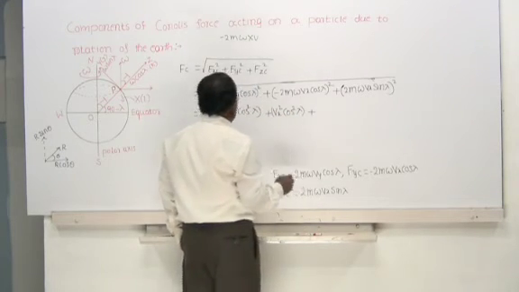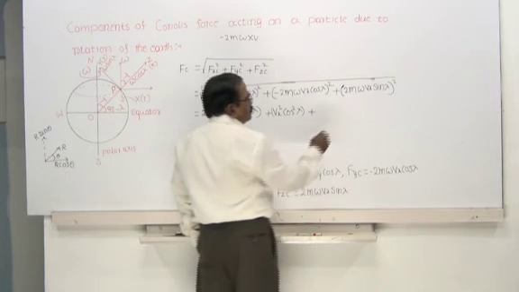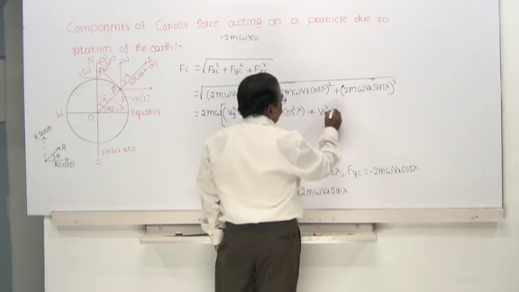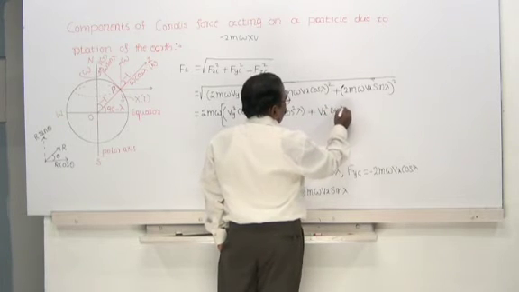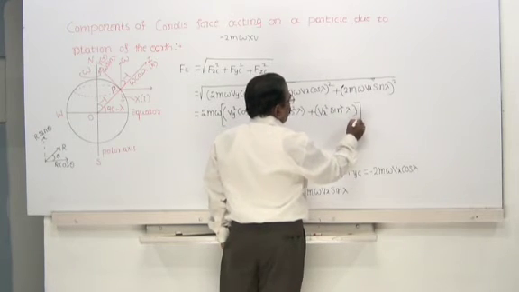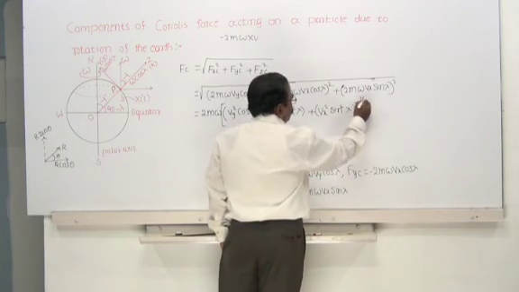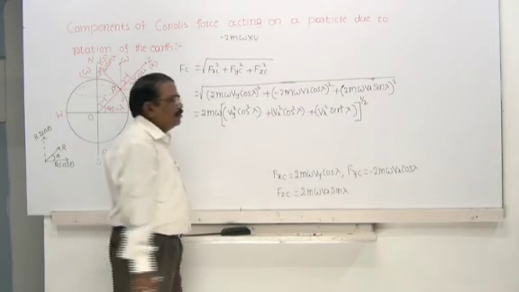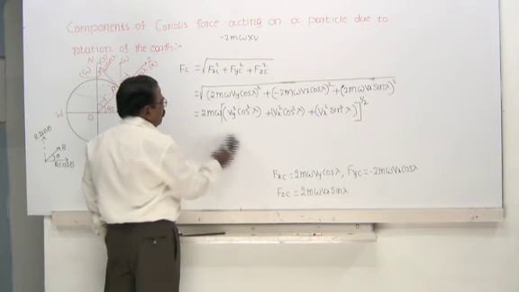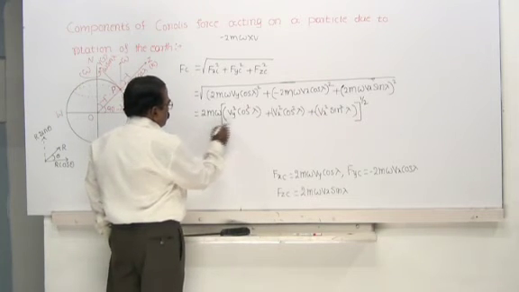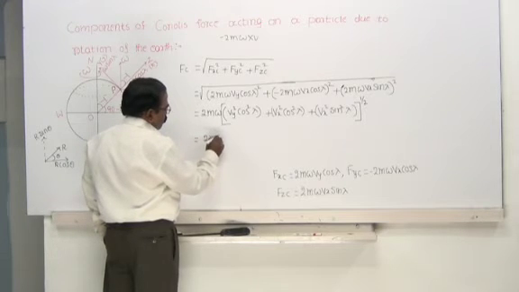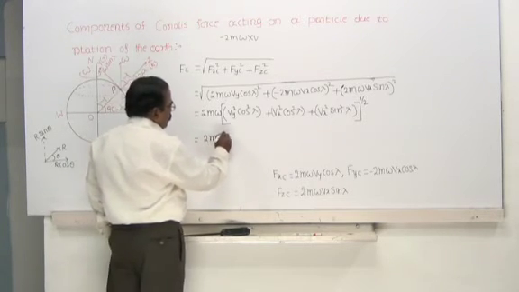Then plus Vx square sin square lambda. Square root, it is to the power 1 by 2. Okay. 2m omega.